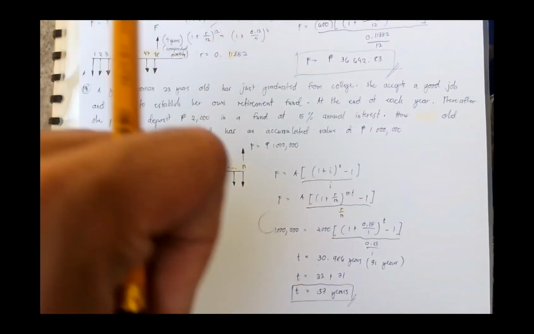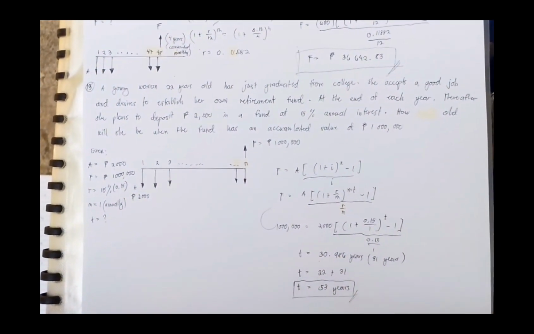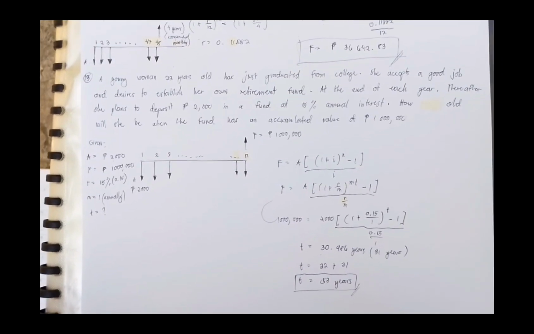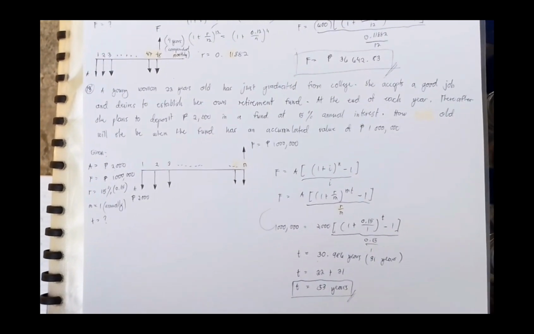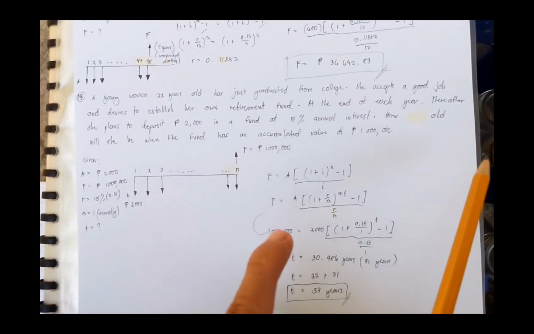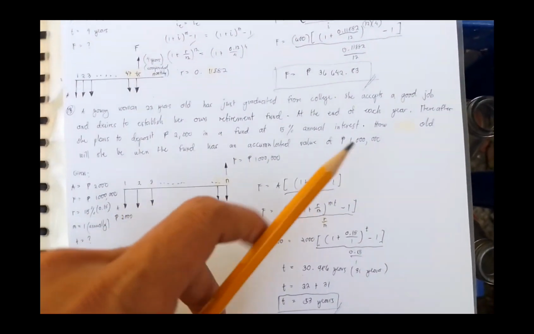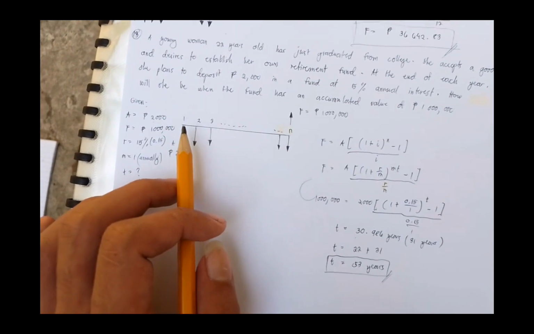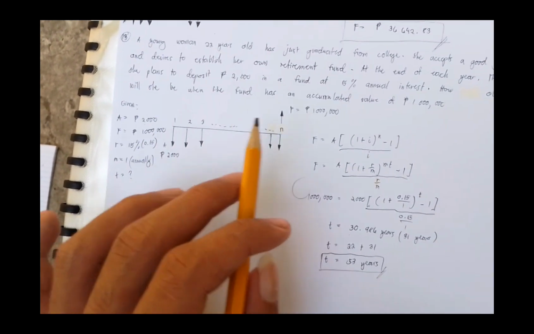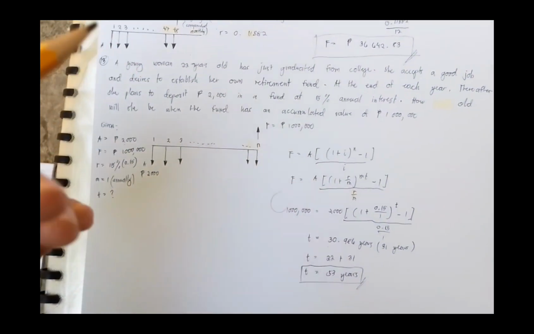First things first, annuity due is the beginning of payment at the beginning of the period. Second, a deferred annuity has a time interval, so before payment, there must be about 2 years before she pays.